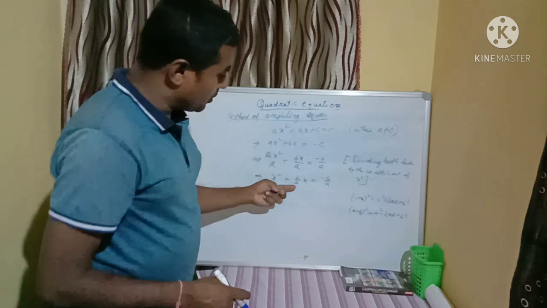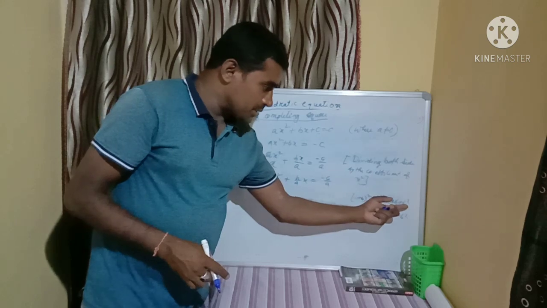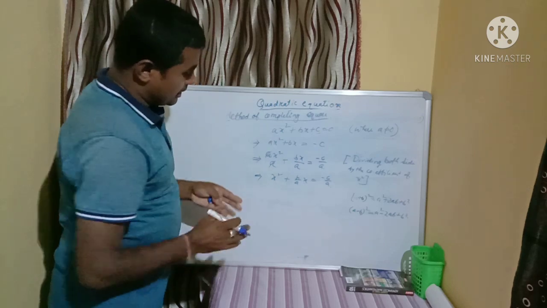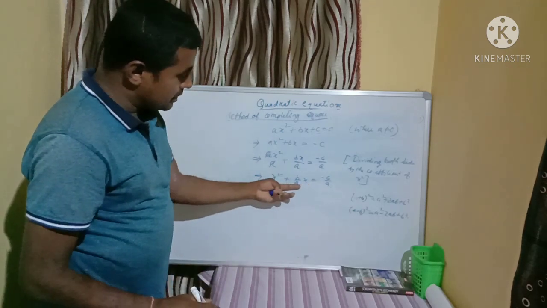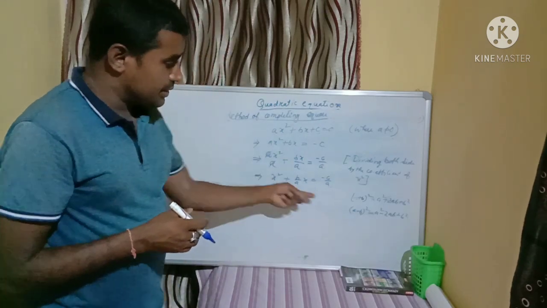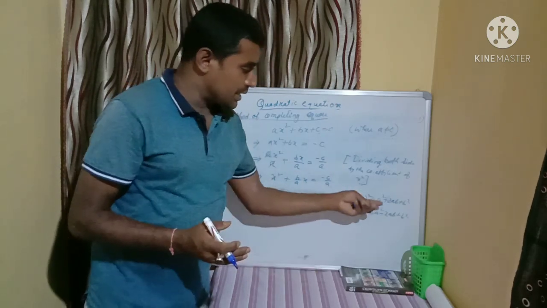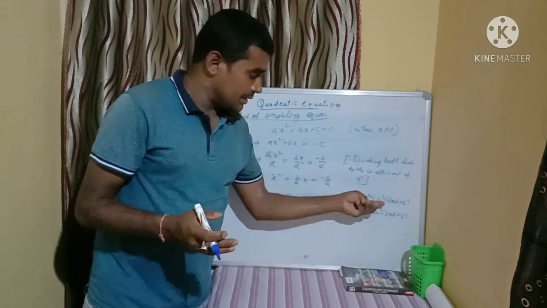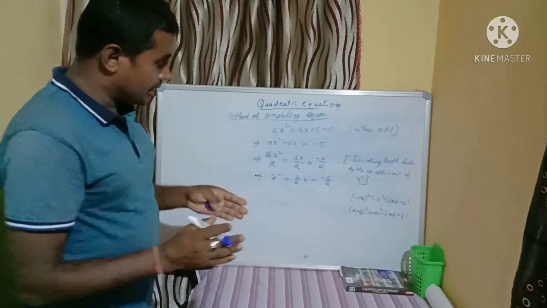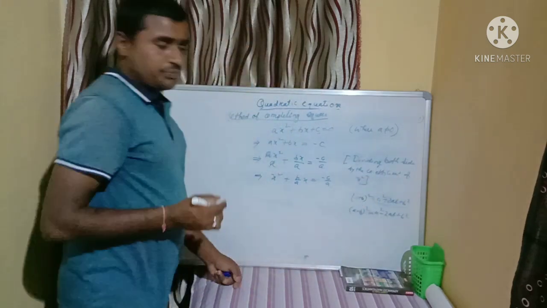That means we can make this one a square plus 2ab plus b square, so it is a plus b whole square. So let us first make the left hand side in the form of a square plus 2ab plus b square.